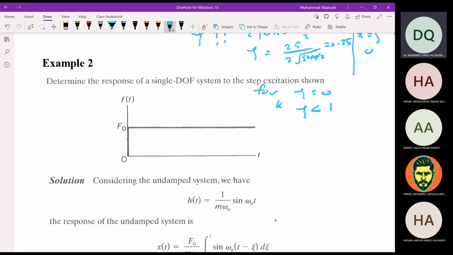You have an undamped system. As you can see from the previous section, if you have damping, the overshoot will be less than twice the static deflection, which is the case of undamped. So undamped is the worst case, that the system will experience very high amplitude if it is undamped.